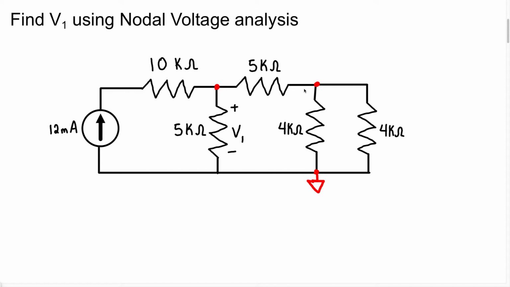Now before we continue, I want to just state something here. We're going to be using the node voltage method. Anytime we think of node, what do we think about? We usually think of KCL, right? Because we know KCL deals with the current in a node.